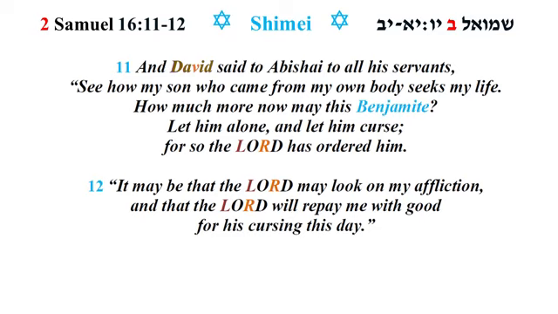It may be that the Lord may look on my affliction, and that the Lord will repay me with good for his cursing this day. David is showing mercy on Shimei the Benjamite and saying, maybe the Lord wants him to curse me, but maybe the Lord will repay with good whatever cursing Shimei the Benjamite is doing.